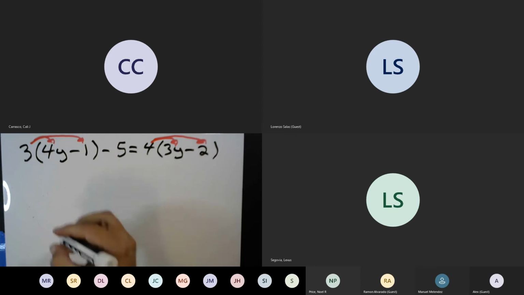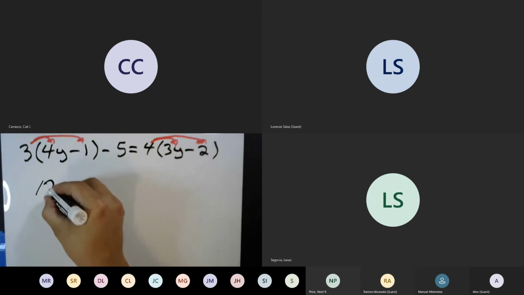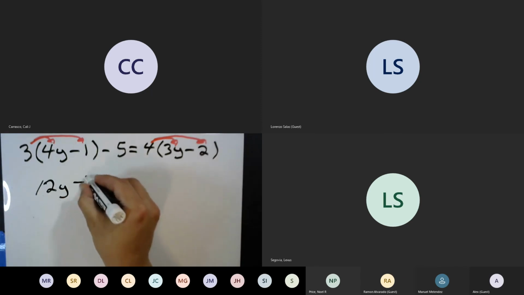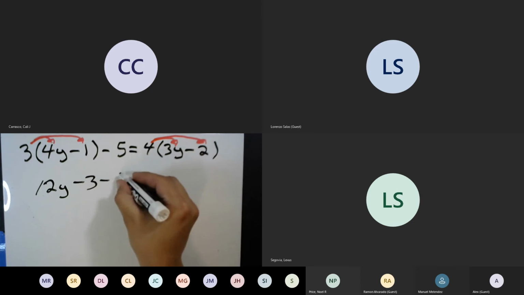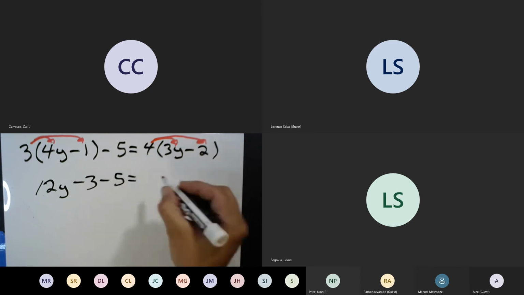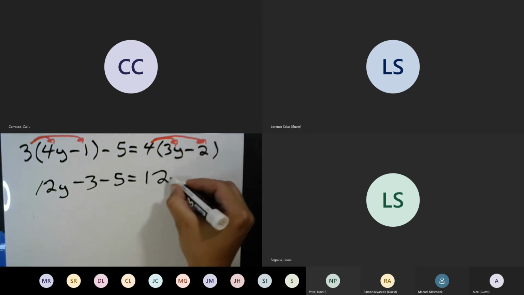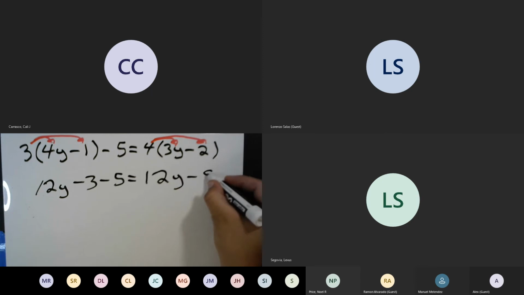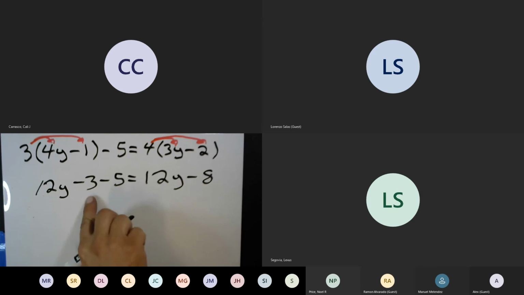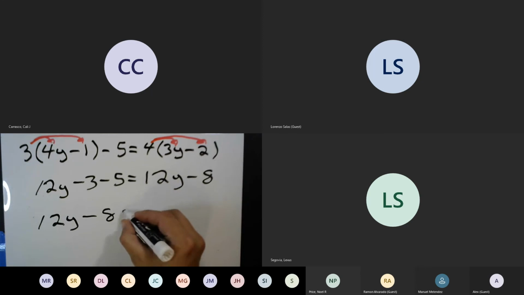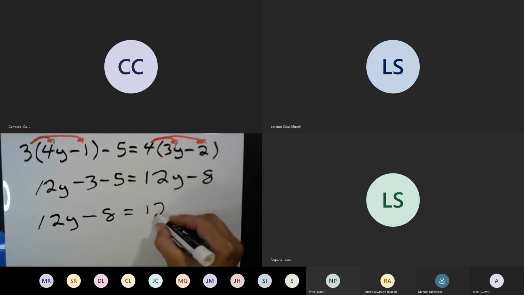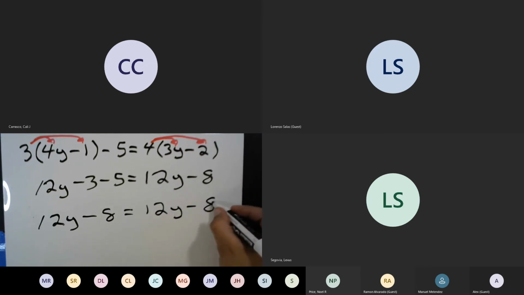Now, if we do that, we're going to get 12y minus 3 minus 5 is 12y minus 8. Now, negative 3 and negative 5, they're going to combine to negative 8, 12y minus 8.